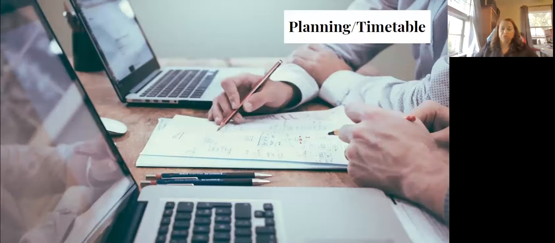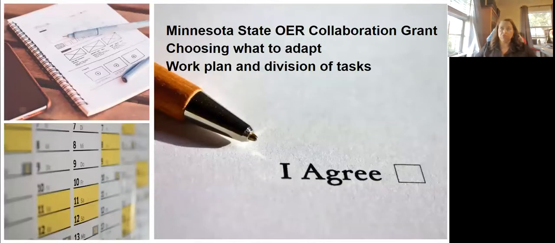So one of the first things we had to do was select our books and then really get into planning and a timetable. The planning involved all the organizing of what we wanted to achieve in the textbook. And then, of course, coming up with the timetable that we would meet in order to deliver the textbook by a certain date.